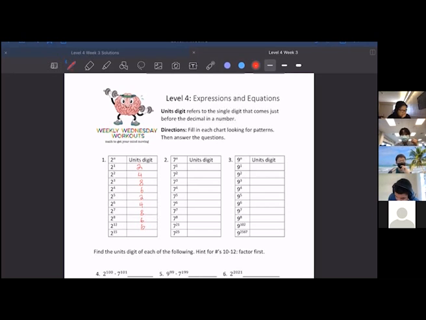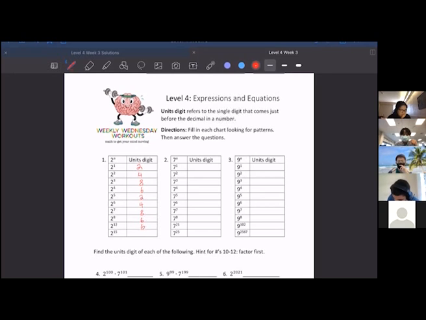So that also gives us 6. And anything that gives us a remainder of 3, for example, 7, 7 divided by 4 is 1 with a remainder of 3. That gives us a units digit of 8. And a remainder of 2 gives us 4. And a remainder of 1 gives us 2.